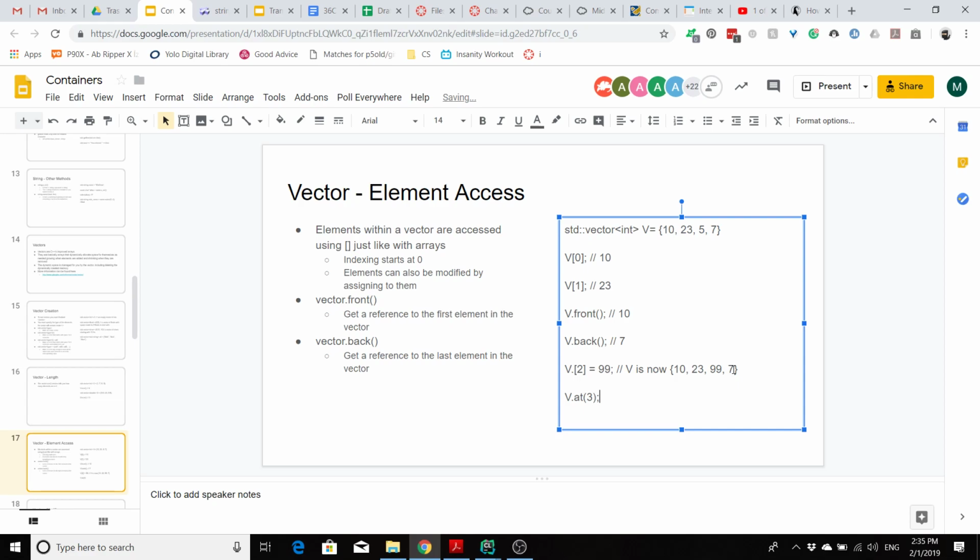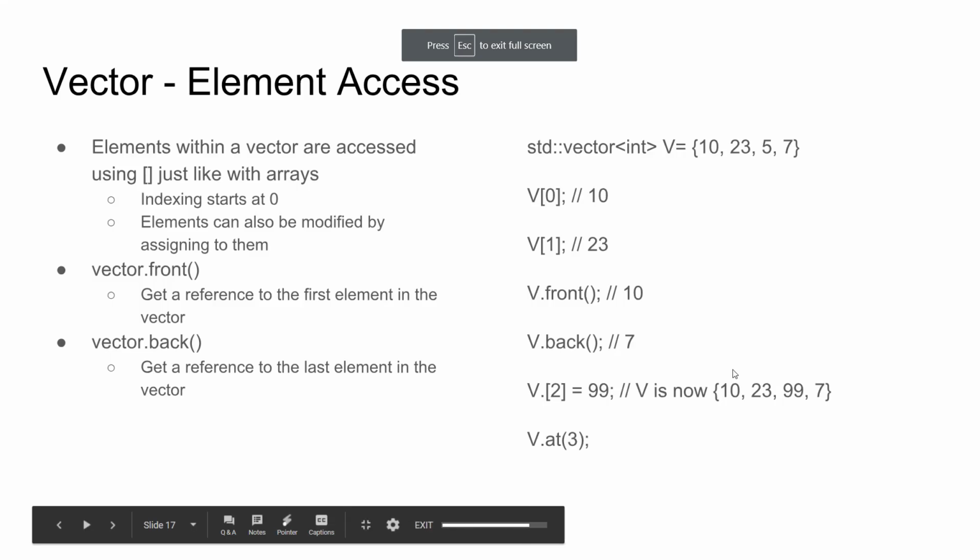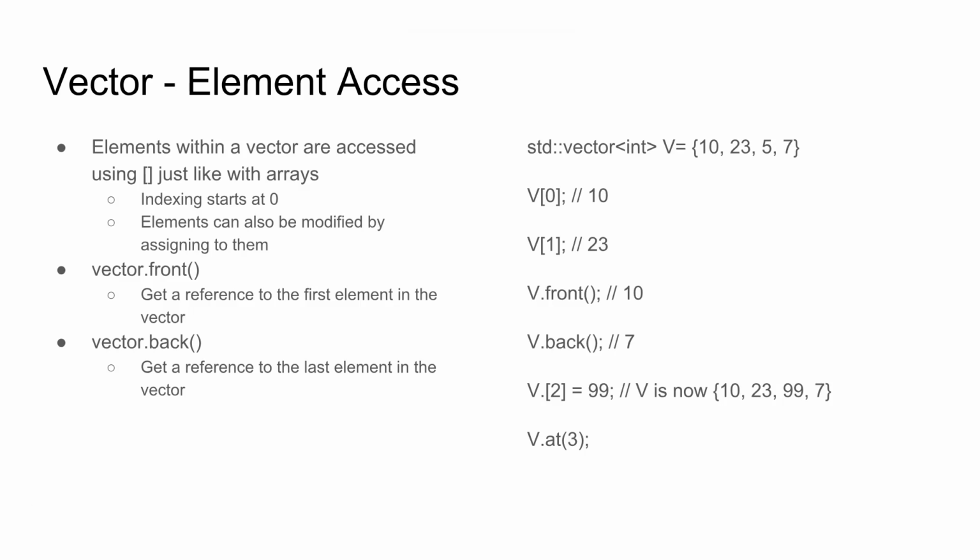That's the same thing as doing v[3], but again, it has that bounds checking. So if you do go out of bounds using the .at method, it's going to complain at you that you went out of bounds and help you find the error where it's occurring.